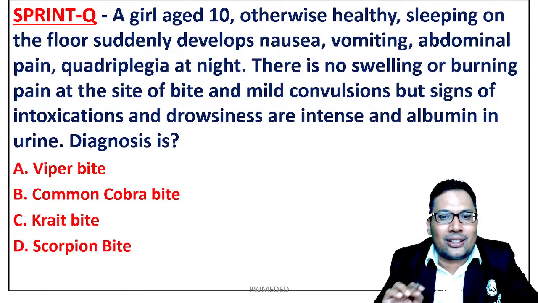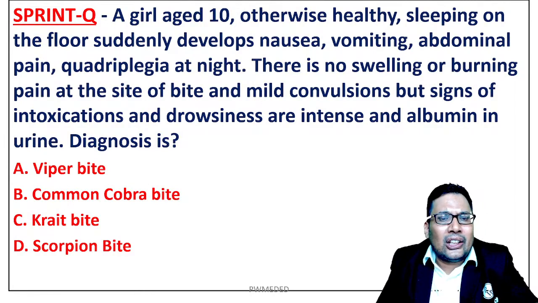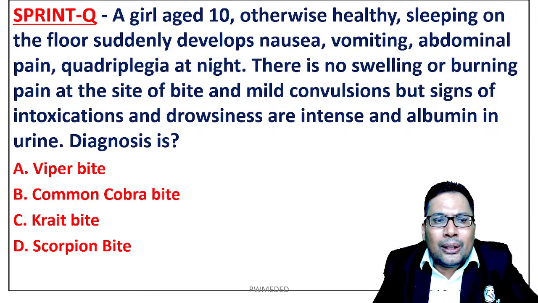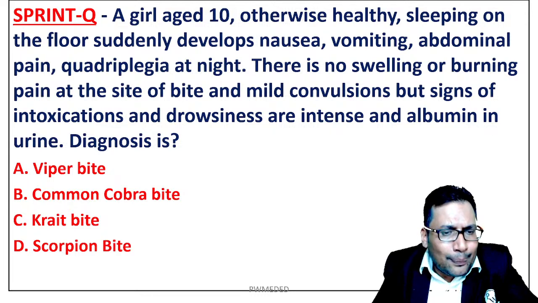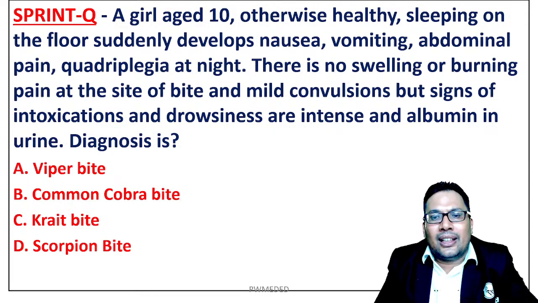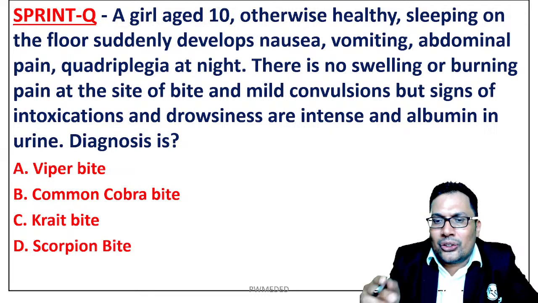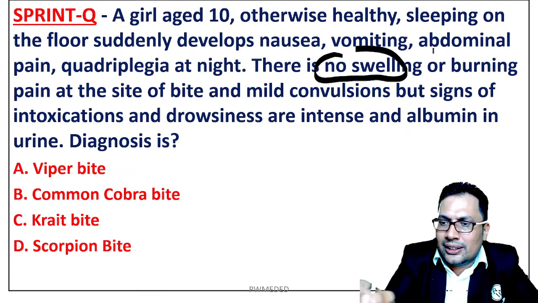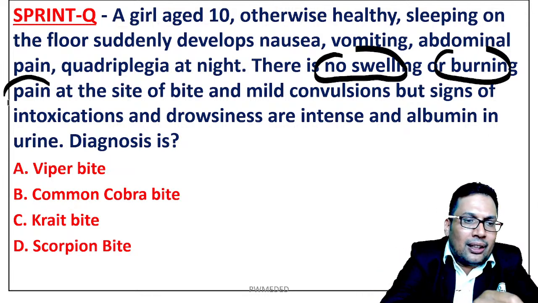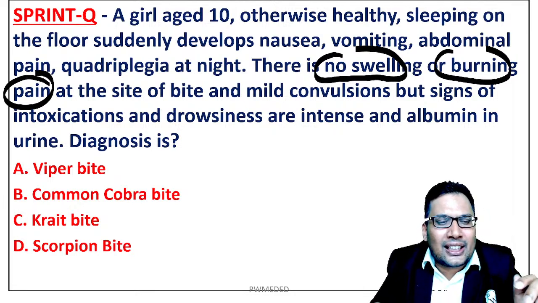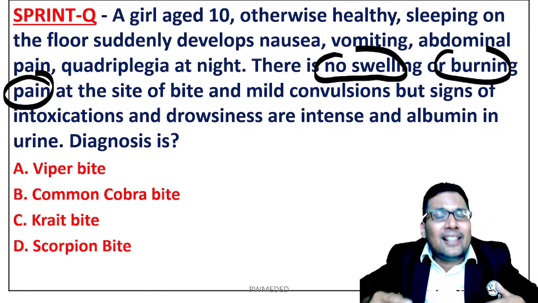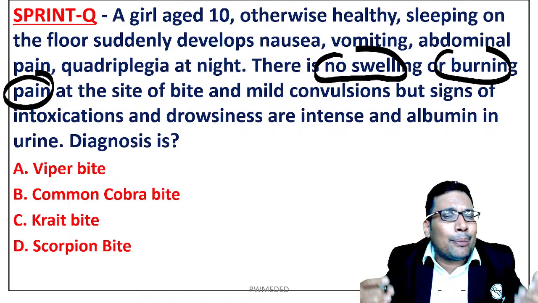Look at this question. A girl aged 10, otherwise healthy, sleeping on the floor, suddenly develops nausea, vomiting, abdominal pain, quadriplegia at night. There is no swelling or burning pain. This is the clue here. But signs of intoxication are intense, and albumin is present in the urine.